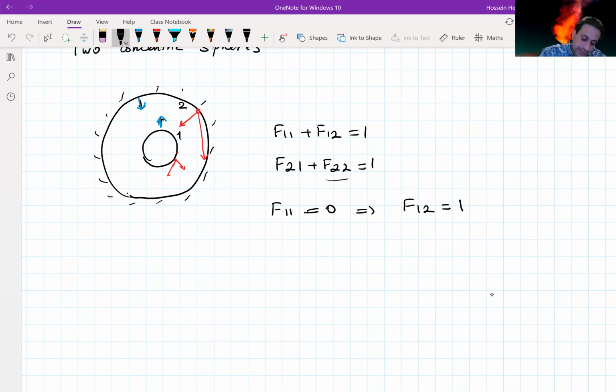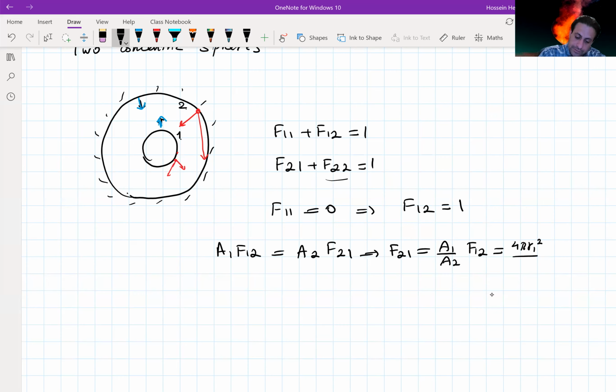Now I have another relationship: a1 f12 is equal to a2 f21. So from here I can find f21, which is going to be a1 over a2 times f12. Now this is a sphere, so it's 4 pi r1 square over 4 pi r2 square times f12, which is 1.